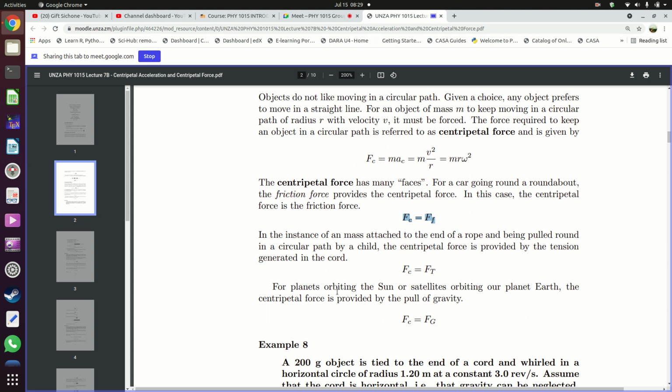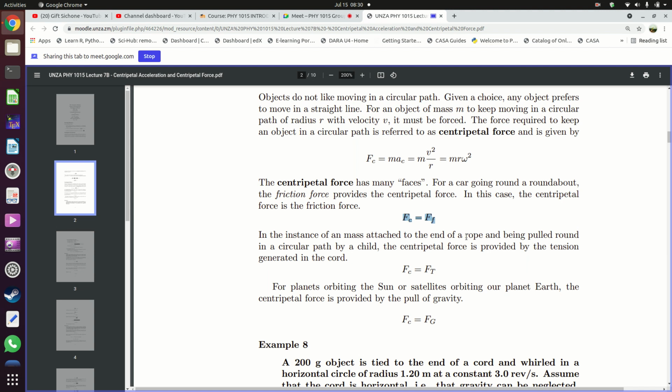Another simple case is where you've got a mass attached to the end of a rope, like when you have a simple pendulum. In a simple pendulum, you have a rope attached to some end, then at the end of that rope there is a mass, and that mass is called a bob.